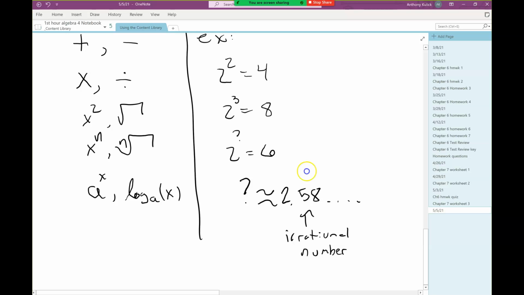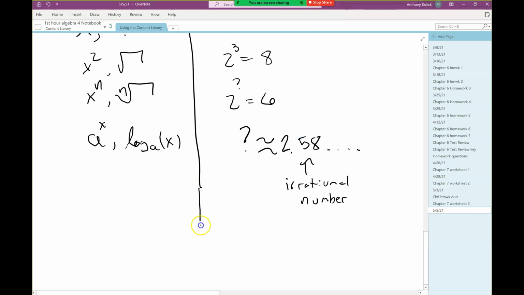So what we're looking for here is a name to represent a number like this, right? Any other time we've run into an irrational number before, we haven't defaulted to the decimal expression. We give it a name, like we did for pi in geometry, we did for e yesterday, or we did for square root of 2 or square root of 3 or square root of 5.